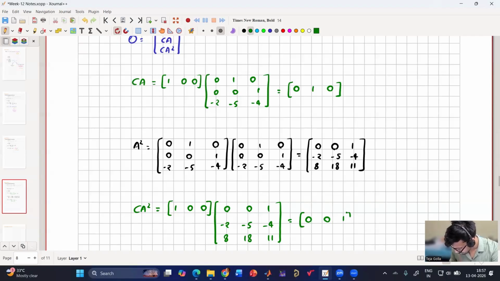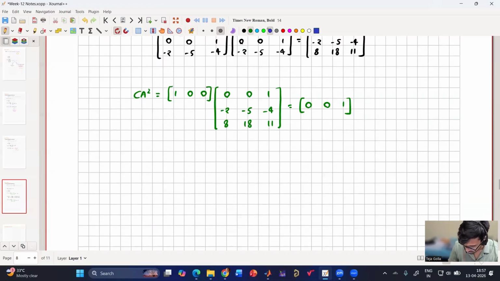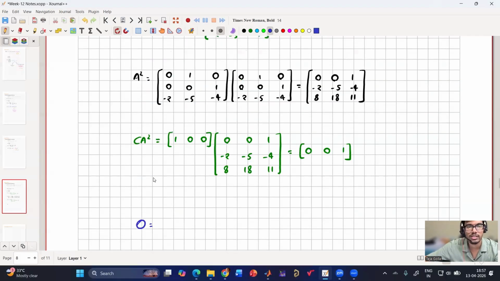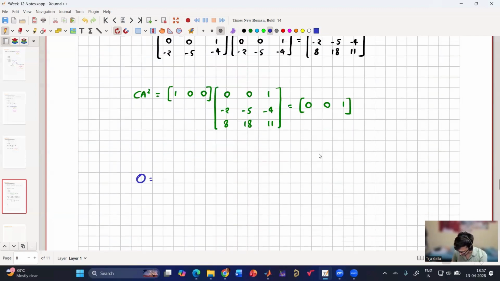Now let us write the observability matrix O. C is 1, 0, 0. Then we have 0, 1, 0 and then 0, 0, 1. So we got the identity matrix.